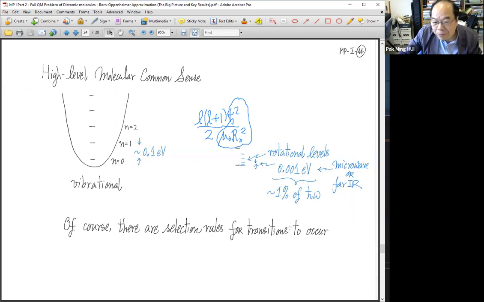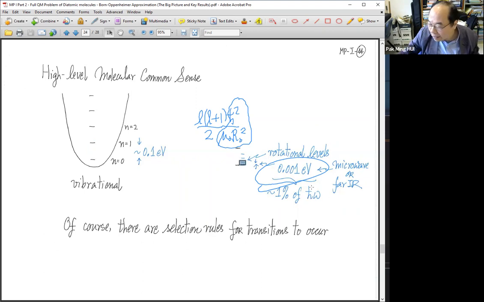Immediately you see the rotational level, typically the difference are of the order of 0.001 eV. That is to say, if this is 1, that will be 1% of 1, okay?